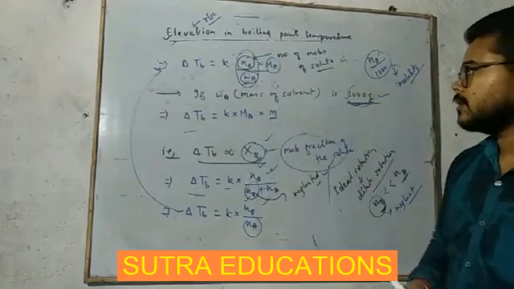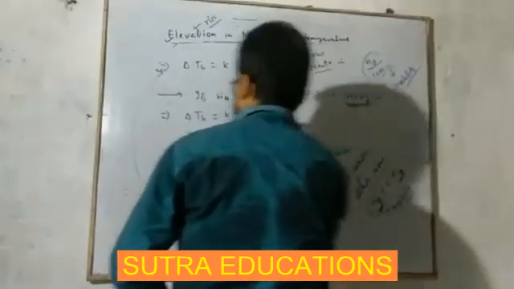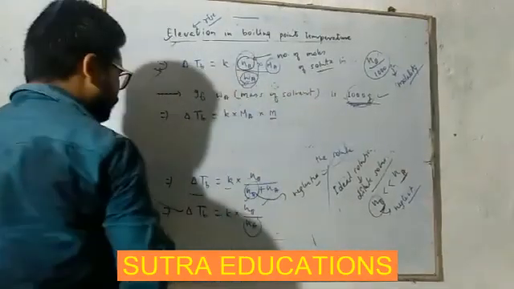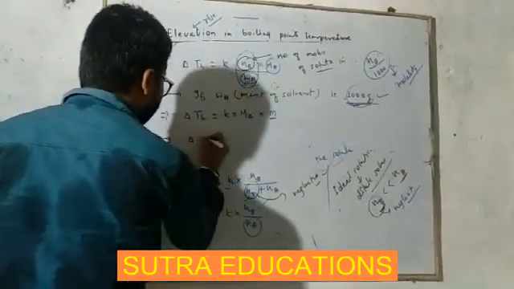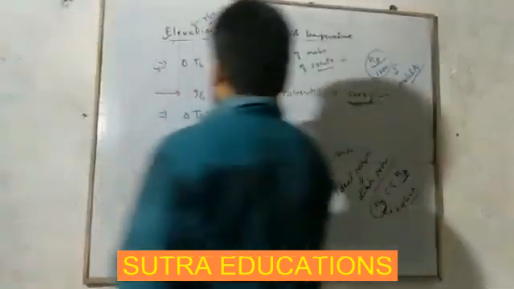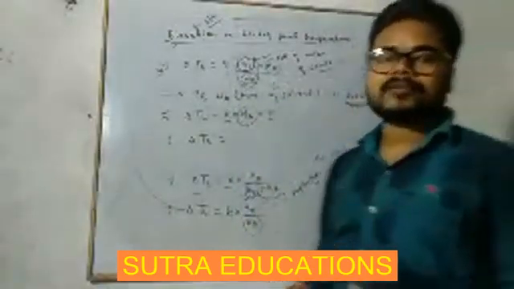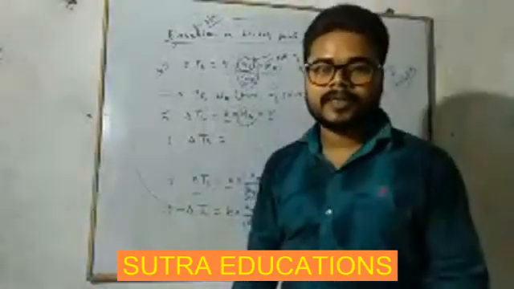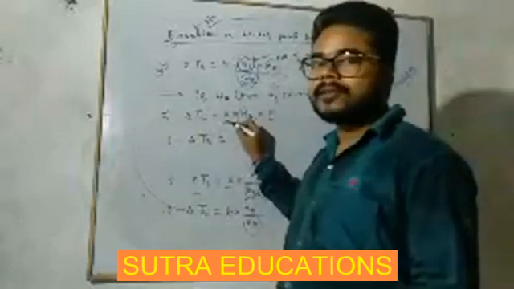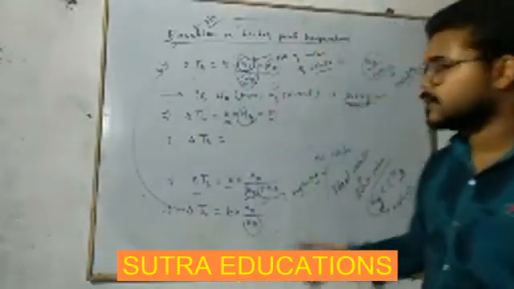Now we can say delta Tb is equal to K, a constant, into Ma, the molar mass of solvent, which is also a constant. Molar mass of solvent is not going to change.